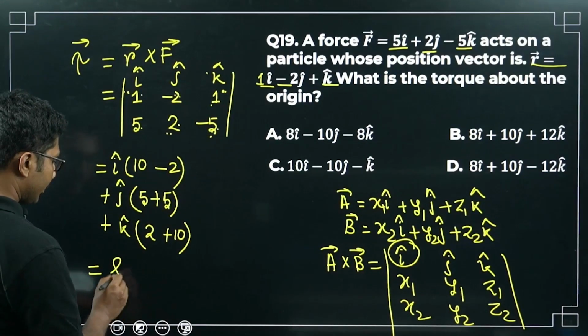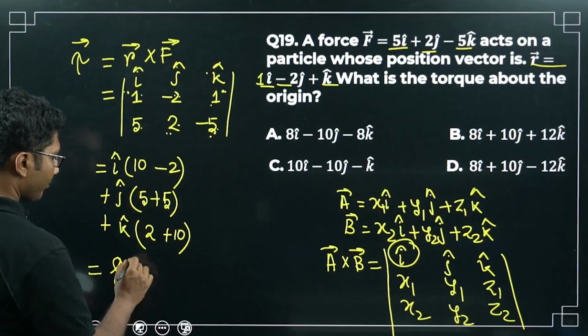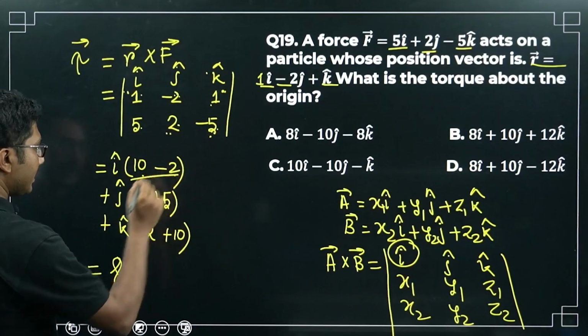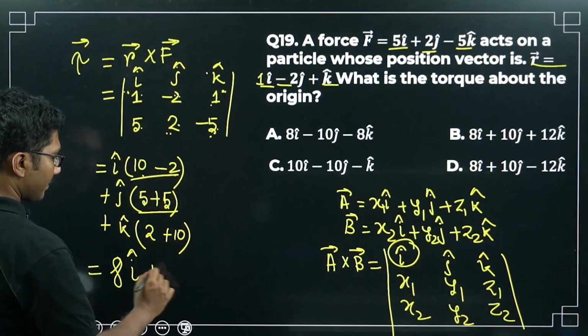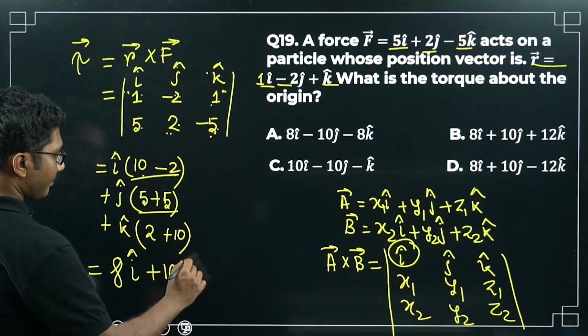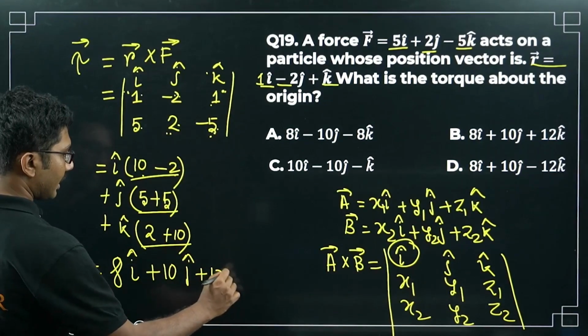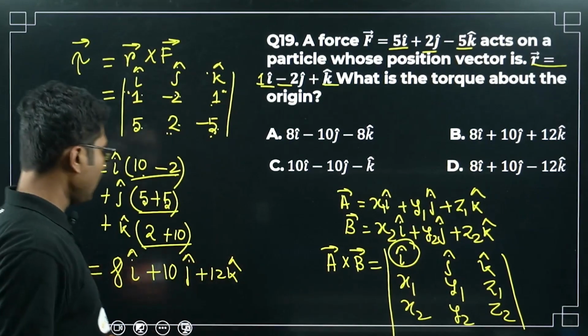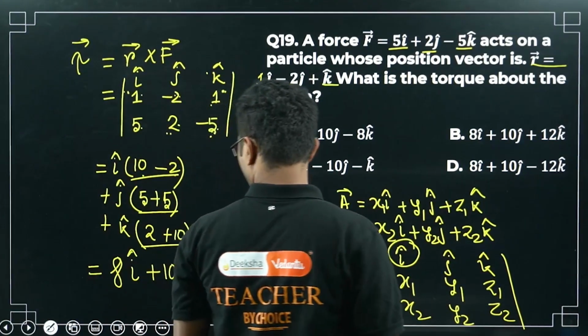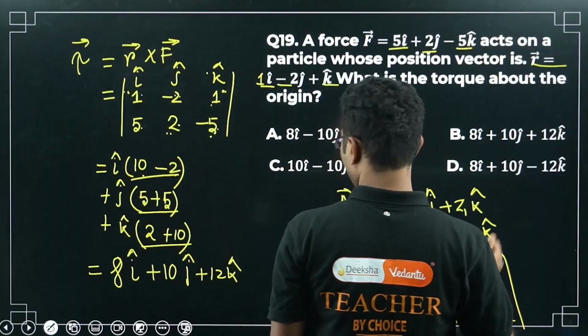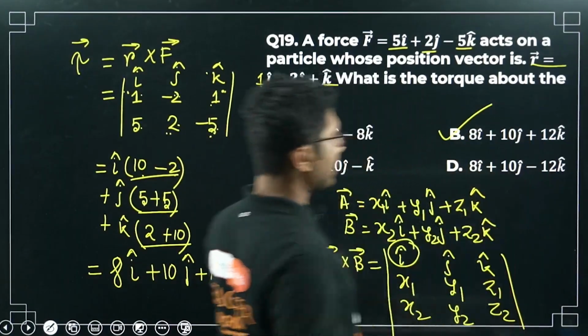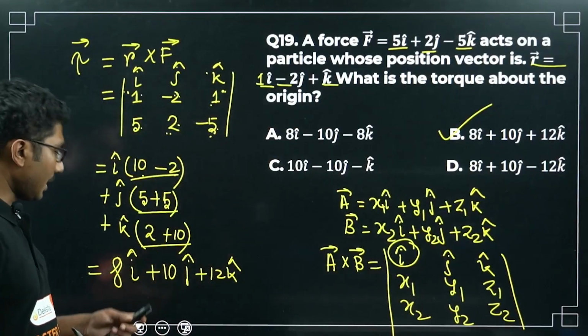So it will be 8 i cap, since 10 minus 2 is 8, 10 j cap, since 5 plus 5 is 10, and 12 k cap, since 10 plus 2 is 12. So 8 i cap plus 10 j cap plus 12 k cap. So the correct answer is option B.